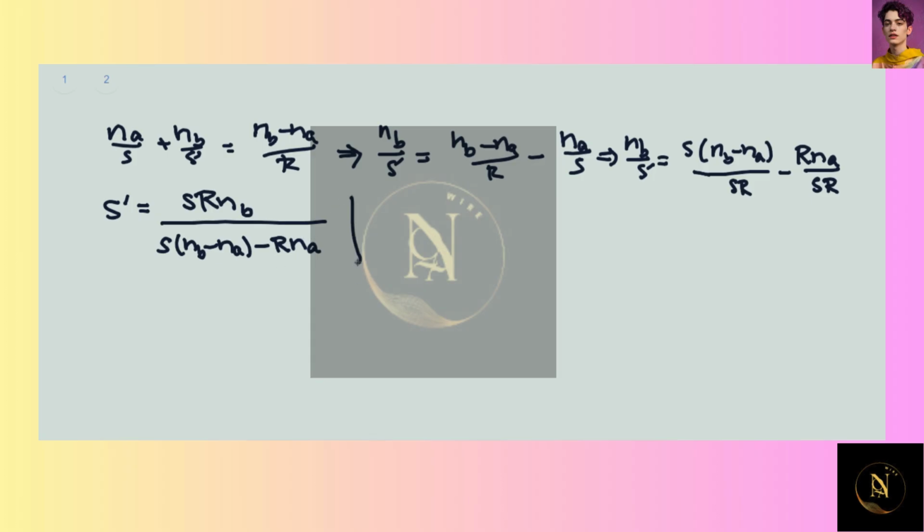Okay, so this is what we'll use. This is just rearranging equation 34.11 so that we can isolate S prime. So all we have to do now is just plug in the numbers.